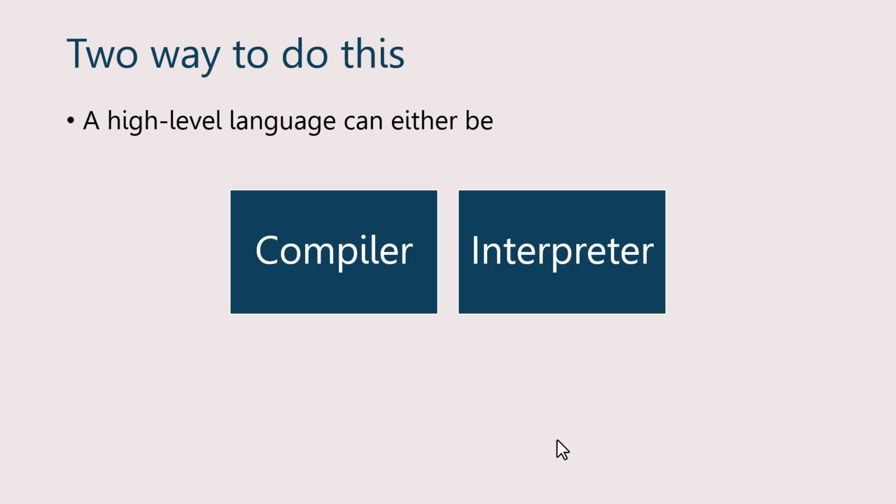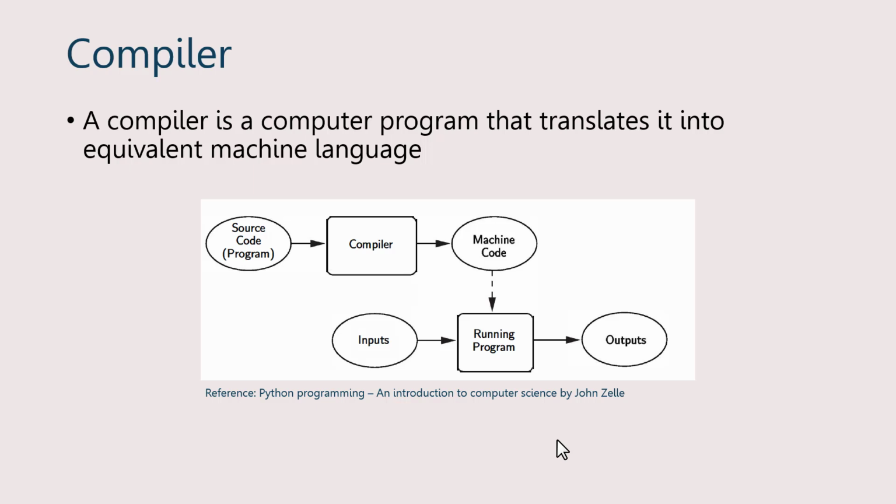Let's try to understand what a compiler is. A compiler is a computer program itself, and it will translate to machine language. And here is a diagram which I have given to you, where we have a source code, which is a high level language. From the high level language, using a compiler, we are converting into the machine code.